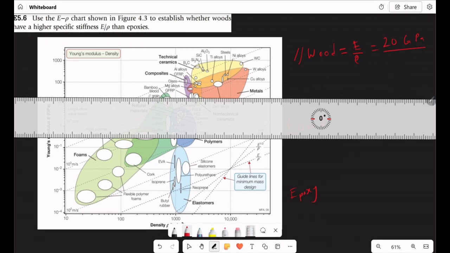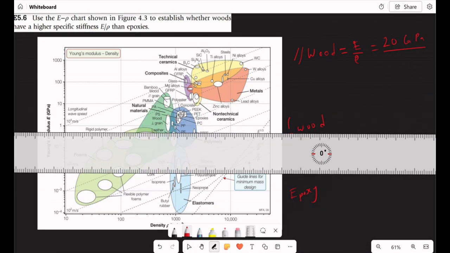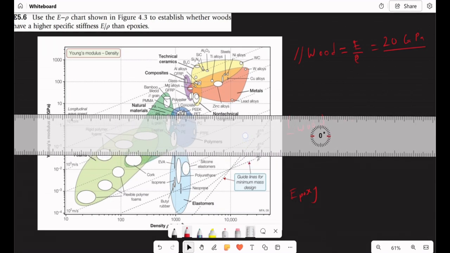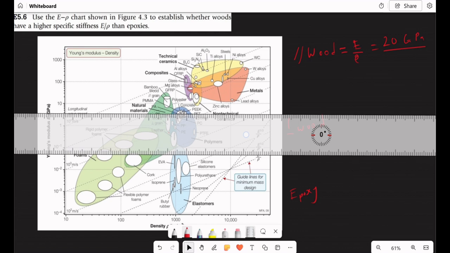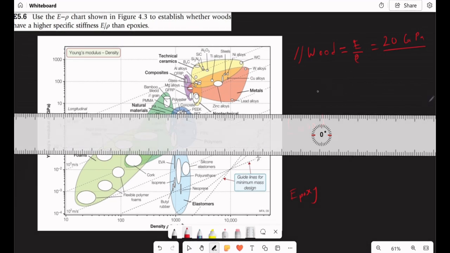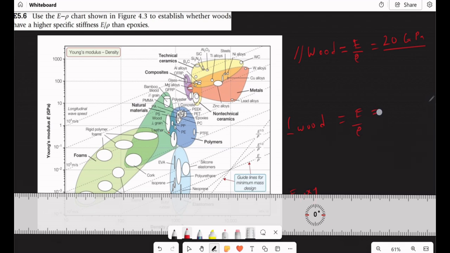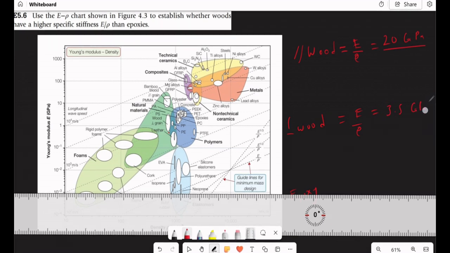For perpendicular grain wood, which is this material over here, the higher limit for Young's modulus is around 3.5. So E divided by density is 3.5 gigapascal divided by density.